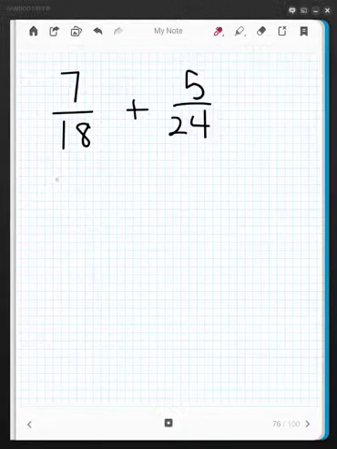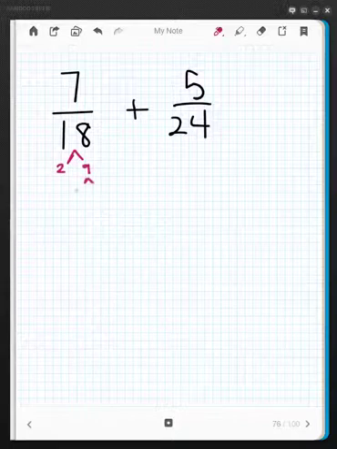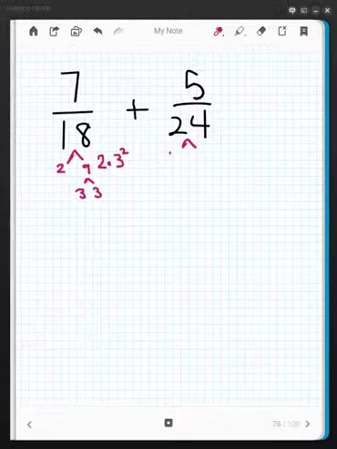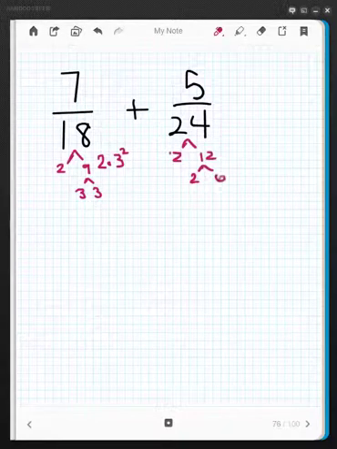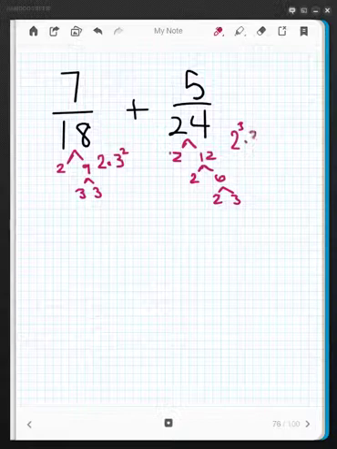Okay, the first thing I'm going to do is find the least common denominator. Remember, 18 is 2 times 9, and 9 is 3 times 3, so this looks like 2 times 3 squared. And 24 is 2 times 12, and 12 is 2 times 6, and 6 is 2 times 3, so this is 2 cubed times 3.